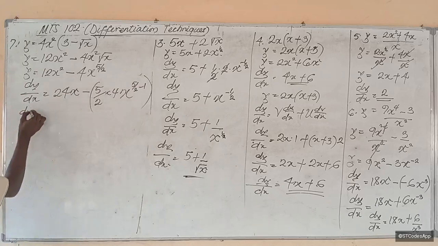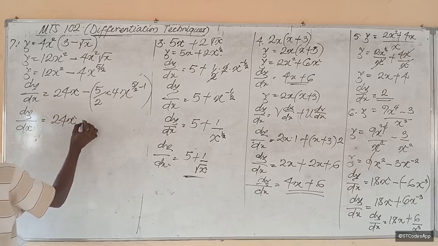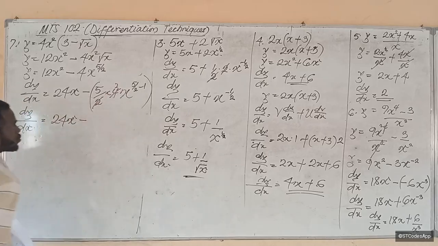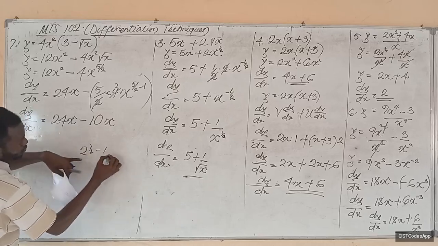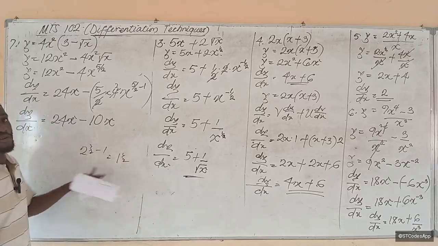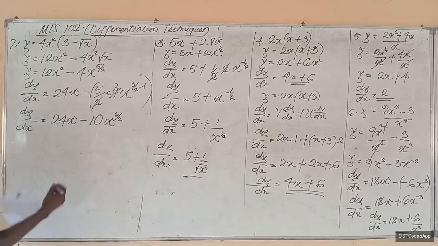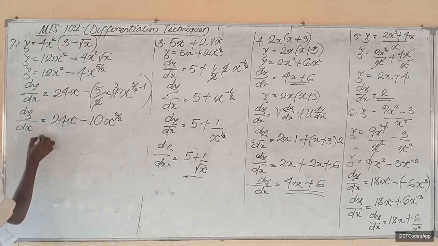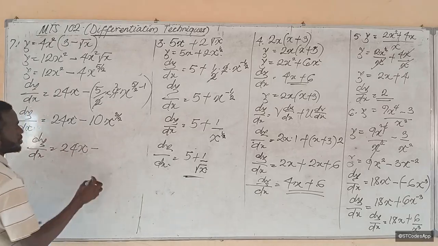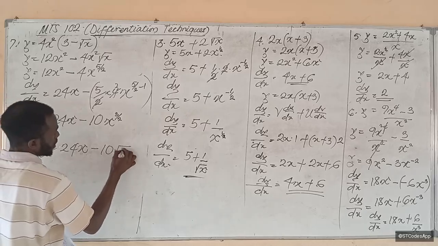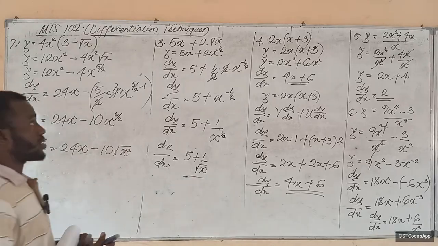So dy dx will be equal to 24x minus, this takes care of this to have 2, so we have 10x raised to the power, this is just 2.5 minus 1, that will be 1.5, which will be 3 over 2. Is that clear? So raised to the power 3 over 2. So either way you want to write it, you can either leave the answer like this or say dy dx is equal to 24x minus 10 root x cubed. So either way you want to leave the answer, you are correct.